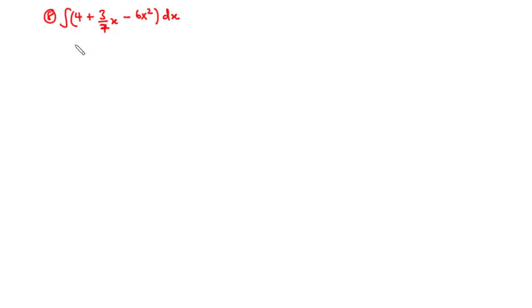Now you can decide to express this polynomial into its individual terms and then integrate term by term. So that is to say that you can express this as the integral of 4 dx plus the integral of 3 over 7x dx minus the integral of 6x squared dx. Or better still, you can do it straightforward.